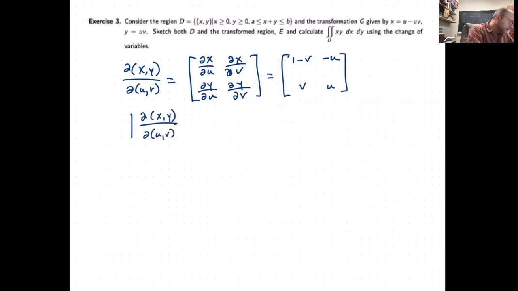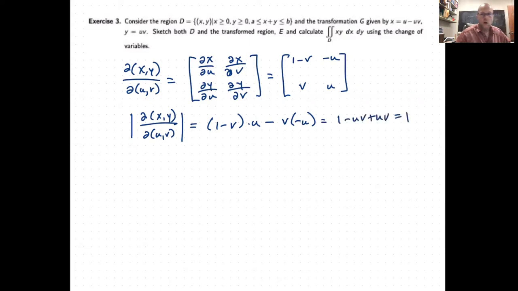You will note that which thing to call the Jacobian is sometimes a little bit unclear, but 1 minus v times u, that's the main diagonal, minus v times the minus u. So if you multiply those out, you get 1 minus uv plus uv, which is 1.